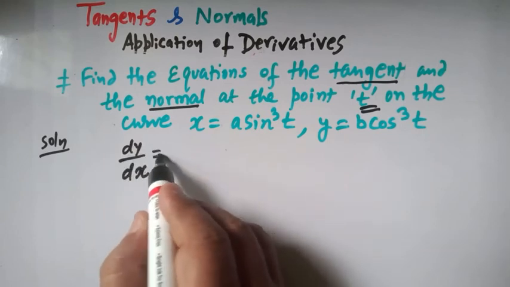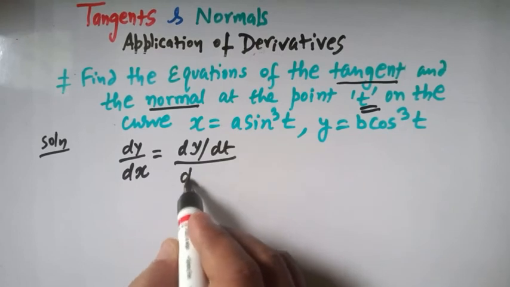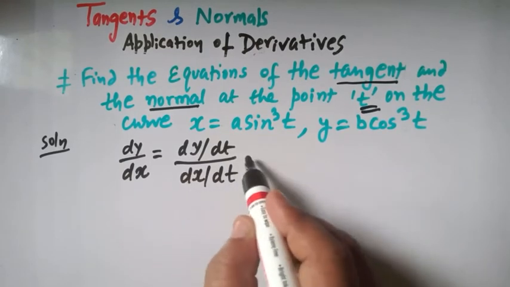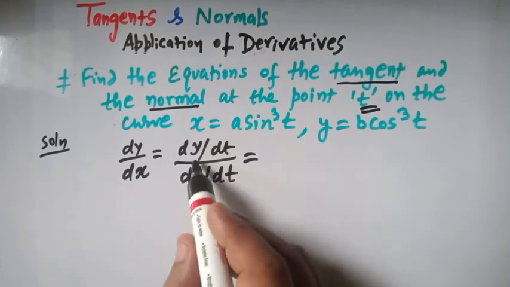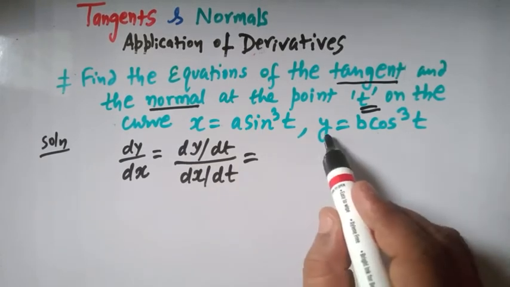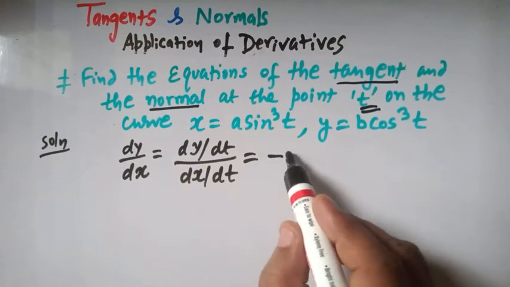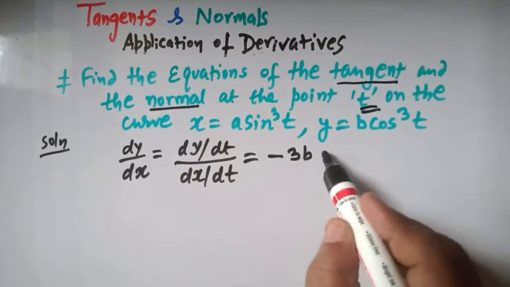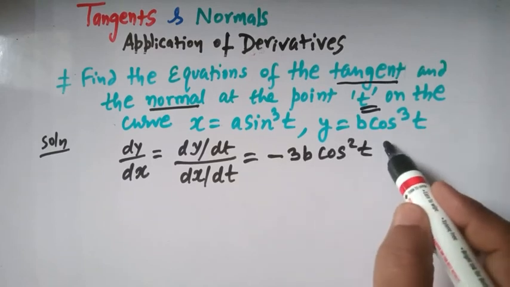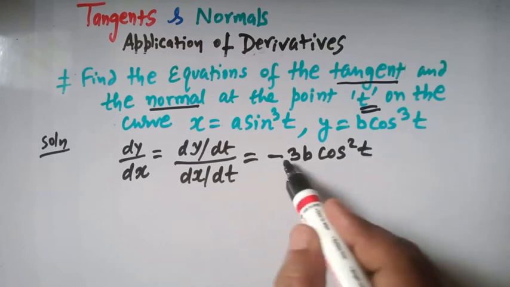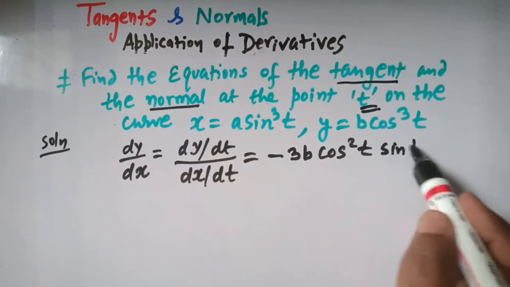So dy over dx is given by dy over dt divided by dx over dt. So dy over dt: we will differentiate this y with respect to t. So we'll have minus 3b cos square t, and the derivative of cos t is minus sin t, and we have already taken this negative sign here. So this is sine of t.